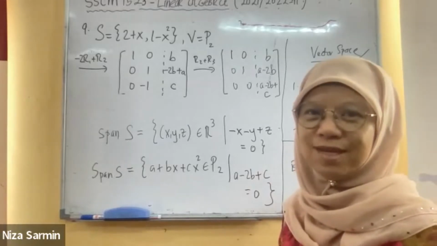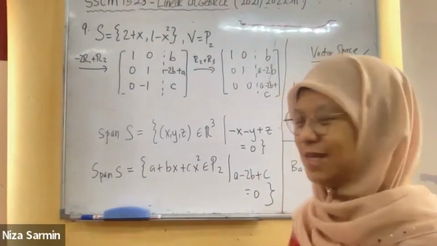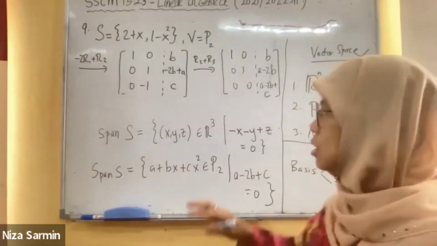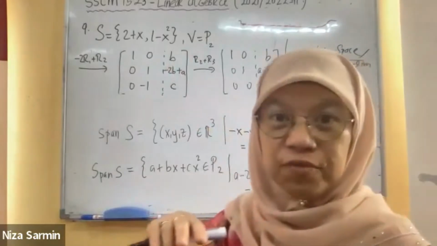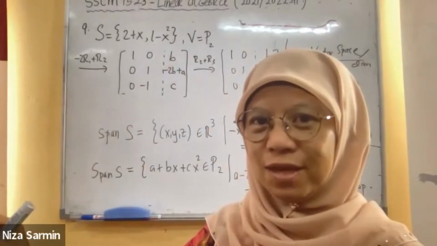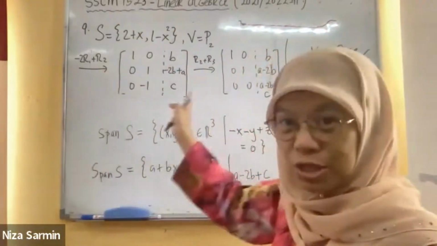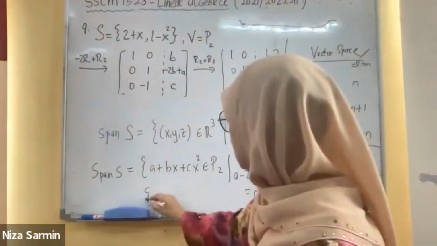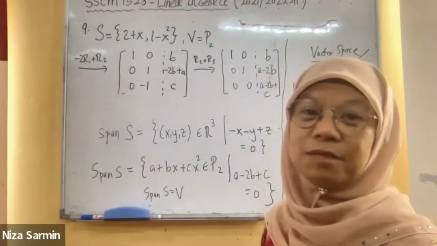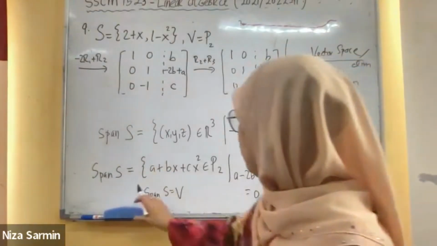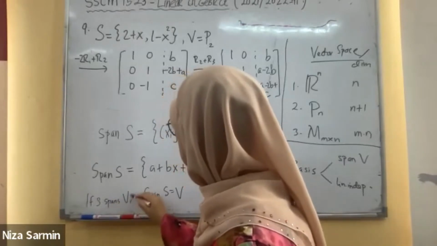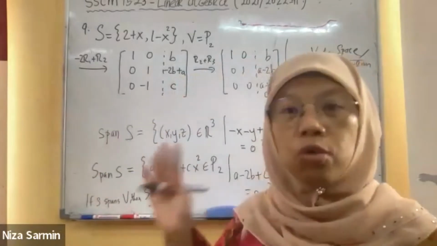Soalan ujian 2 ni. Soalan bocor pula. If you are asked what is span S, so what you should do is, if it is consistent, if it spans V, okay, if S spans V, sebab kalau ada consistent, ada jawapan dan sebagainya, your answer will be span S is V. That is, it spans V. So if S spans V, then span S is actually the whole vector space.